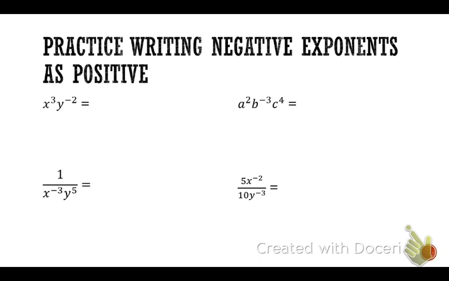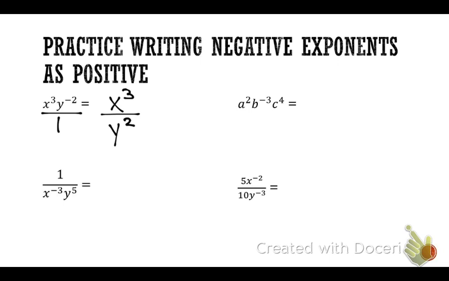On this first one, we start off with everything in the numerator, just like we just did on the last slide. However, this time, the x term stays there. Why does it stay? Because it didn't have a negative exponent. The only term that has to move to the opposite side is the term that had the negative exponent.